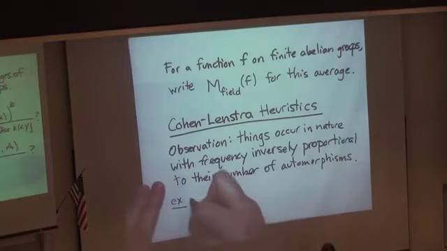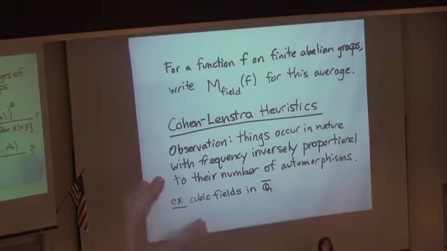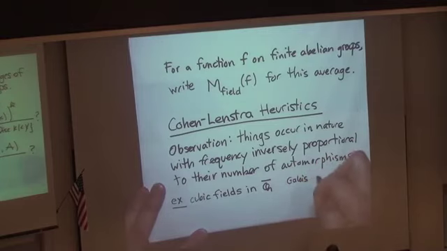which is if we look at cubic fields in Q bar. So for cubic fields in Q bar, the Galois ones appear once and have 3 automorphisms.